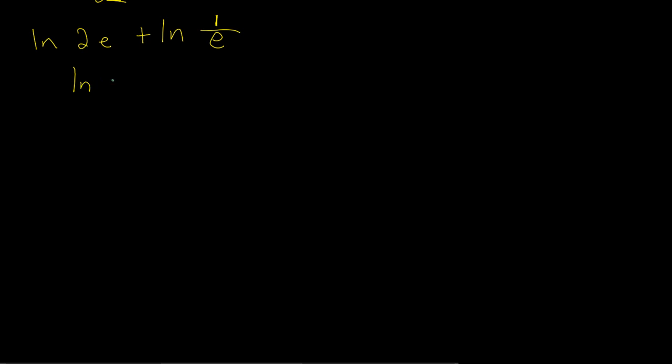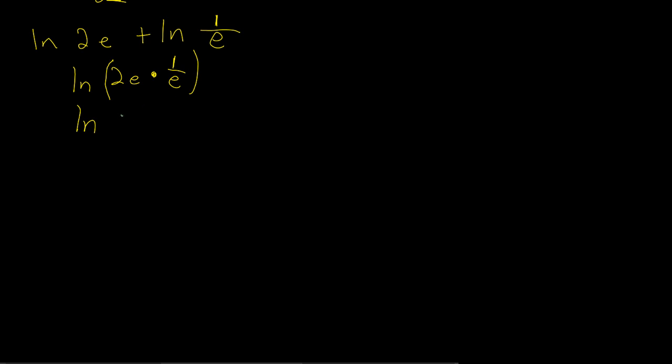So I have ln of 2e times 1 over e, and I'll put these in parentheses to realize it's the natural log of these two things multiplied.